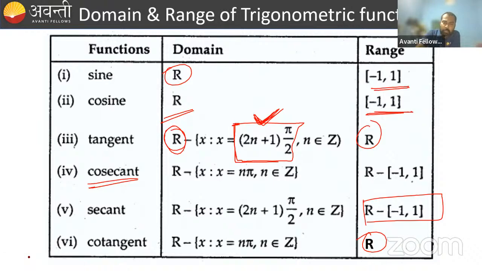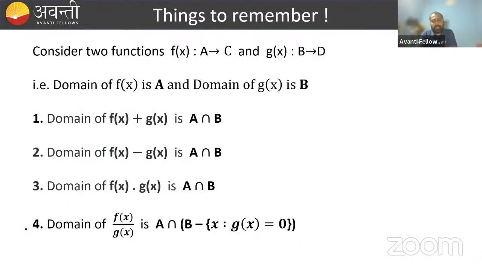So let's move on. Here are some rules you have to remember to find the domain and range of a function, right?